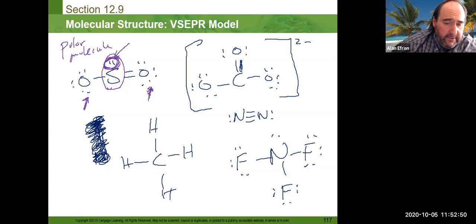Here I would go to the CO3. I would look at the central atom. I see no dots. I see everybody on the outside is the same. That's going to give me a symmetrical geometry, and that means this one is going to be nonpolar.